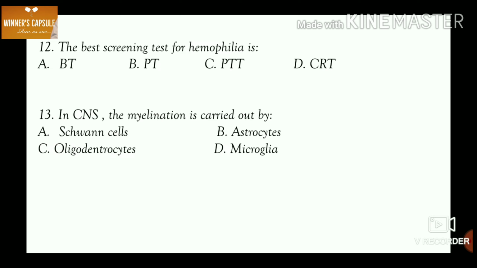12th one, the best screening test for hemophilia is A. BT, B. PT, C. PTT and D. CRT. BT is bleeding time, PT is prothrombin time, PTT is partial thromboplastin time and CRT is clot retraction time. Answer is option C, PTT. PTT is used to assess the integrity of the intrinsic pathway of blood coagulation.